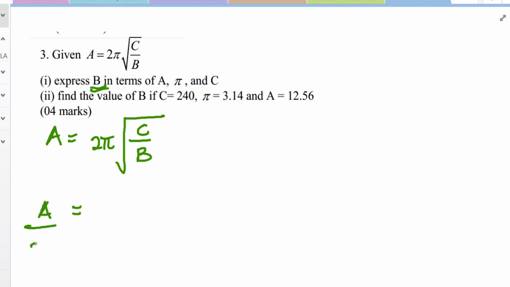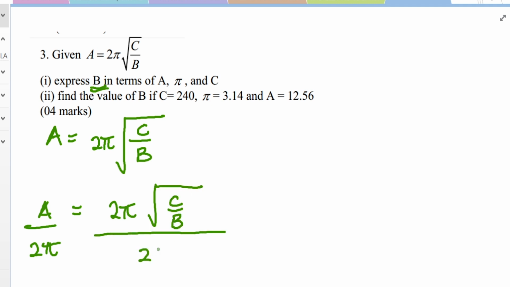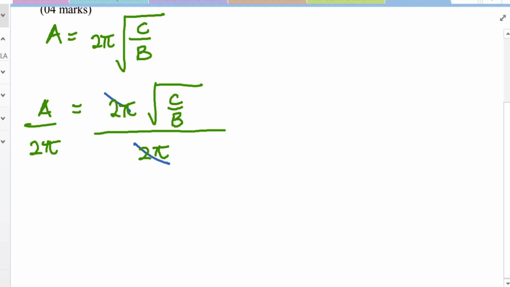So I shall say a over 2 pi is equal to 2 pi times the square root of c over b. I'm also dividing this by 2 pi, so that this 2 pi and that 2 pi cancel out. When they cancel out, what we remain with here is a over 2 pi is equal to the square root of c over b. Now, for us to reach b, we need to first remove the square root sign. It is covering the b.